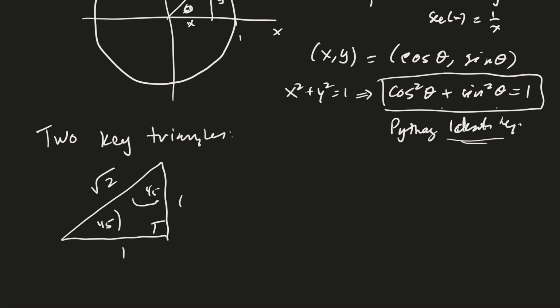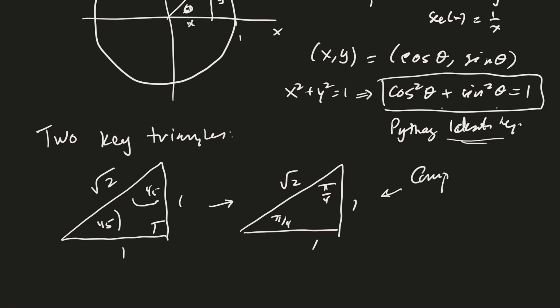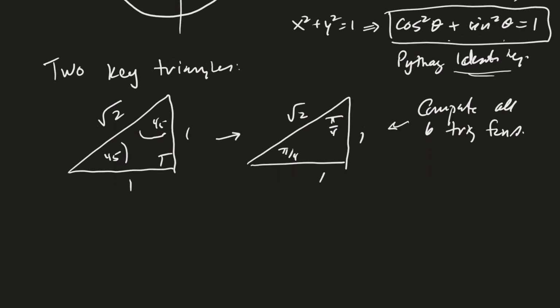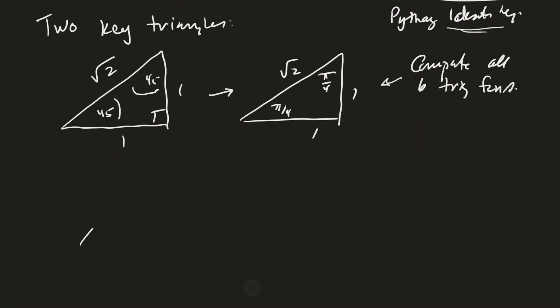So those are the ratios of the sides. And because in calculus we want to always use radian measure, think of this as pi fourths. Good. And from this triangle, we can compute all six trig functions, trig ratios.